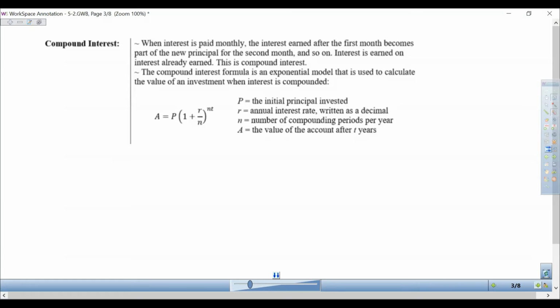So if that rate is compounded quarterly, for example, that would mean N would be 4 because there are 4 quarters in a year. Monthly would be 12, yearly would be just once. And then A is the value of the account after T years. So our total value is A, the amount in the account.